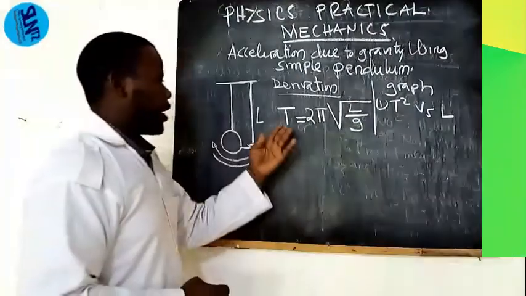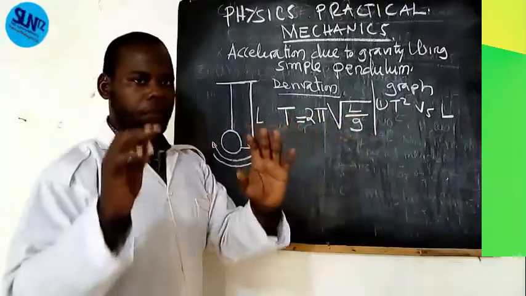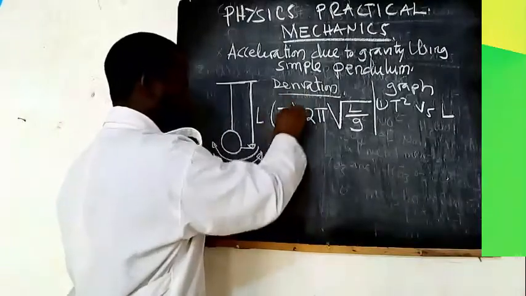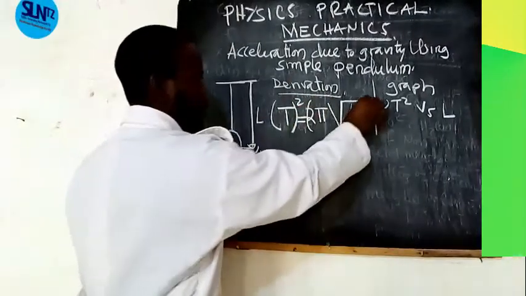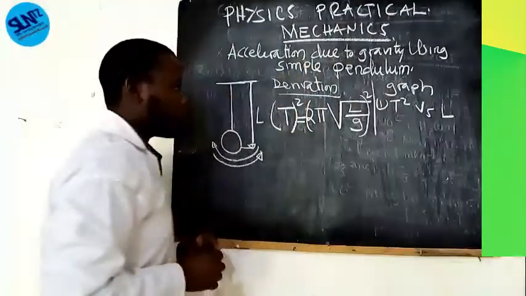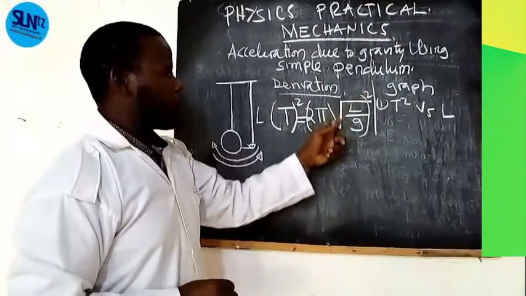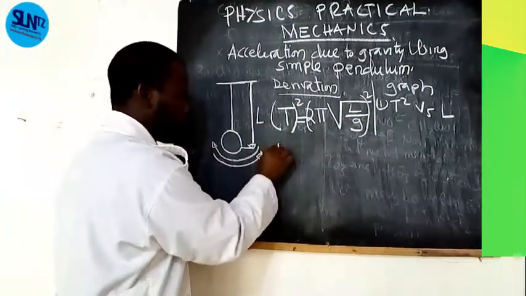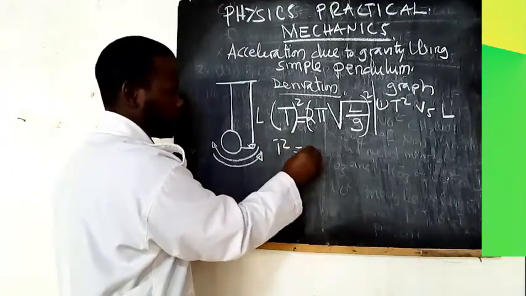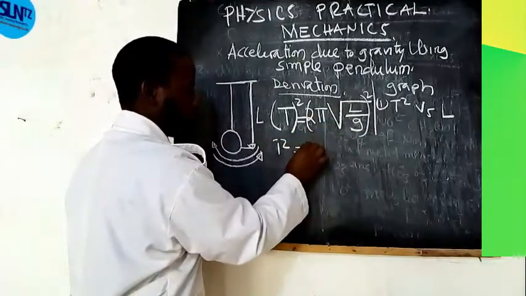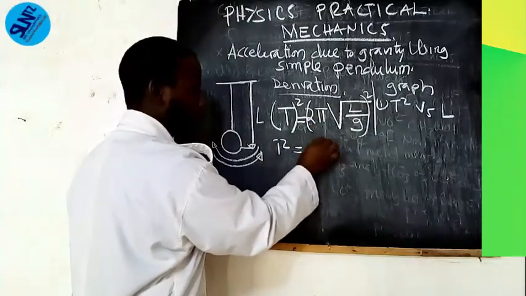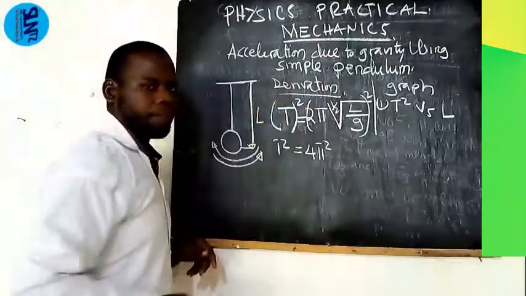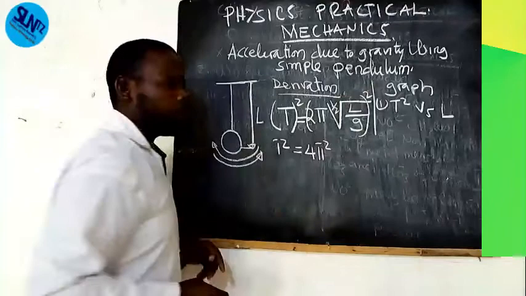We have T squared here. So in order to get T squared, we have to square both sides. We square this side, and this side. This will be squared in this under root and this one. So T squared is equal to 4 pi squared. The under root will cancel because here there is a half, so this one will be 1.